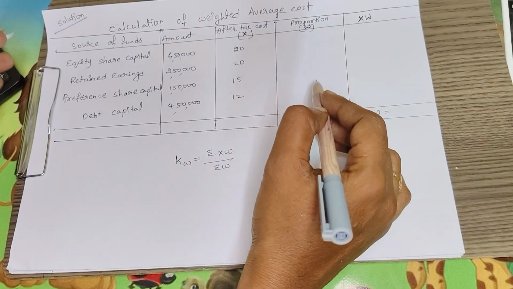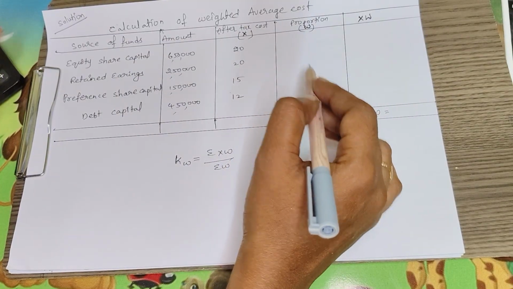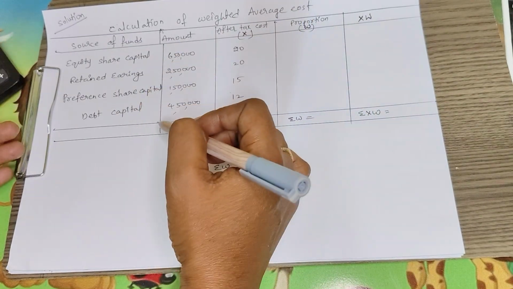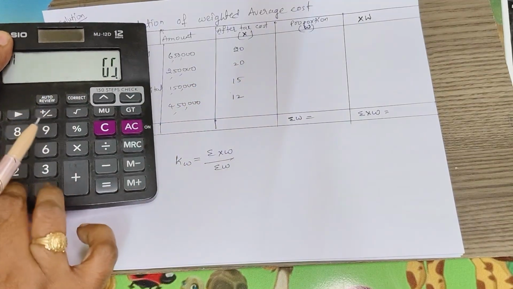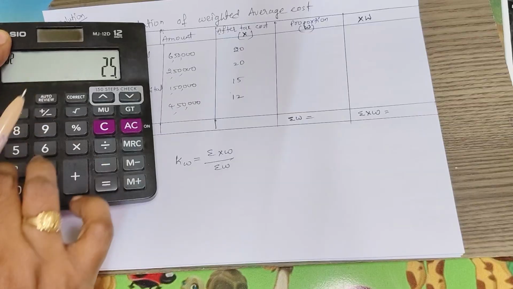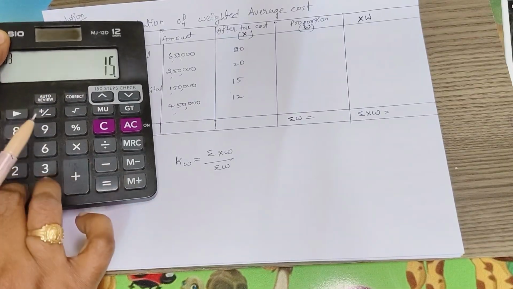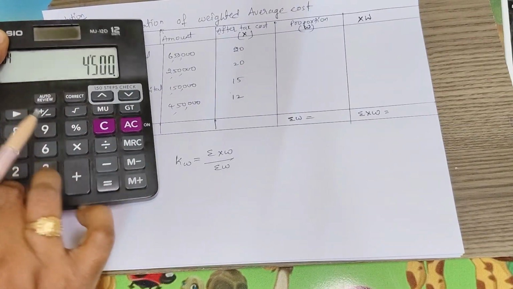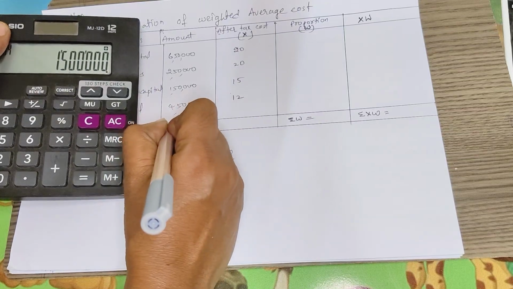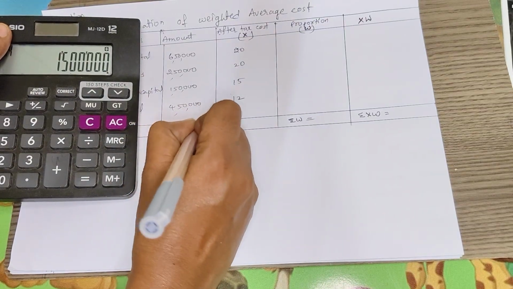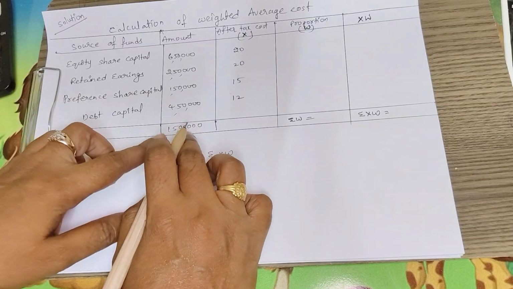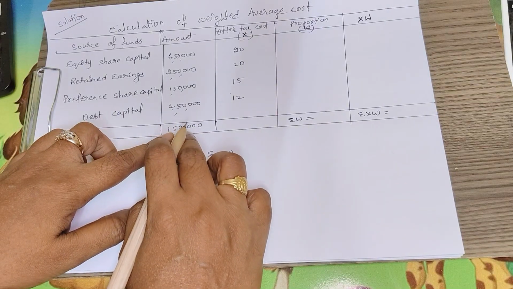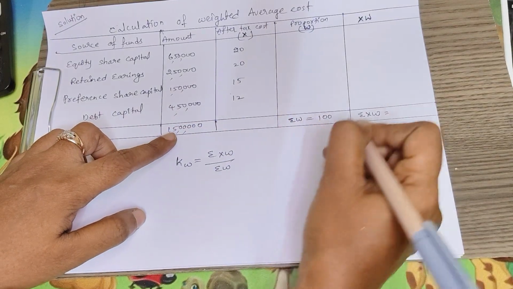How to calculate W values? It purely depends on the total of all the sources. What is the total here? 6,50,000 plus 2,50,000 plus 1,50,000 plus 4,50,000. The total is 15 lakhs. This 15 lakhs we take as 100%.